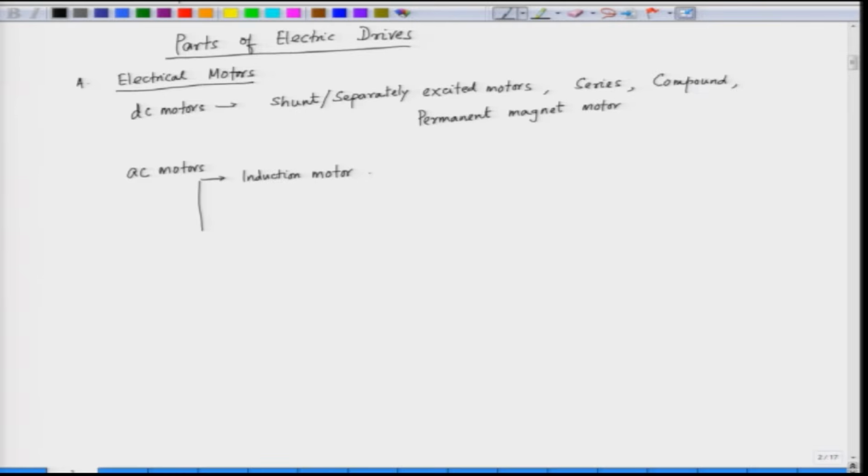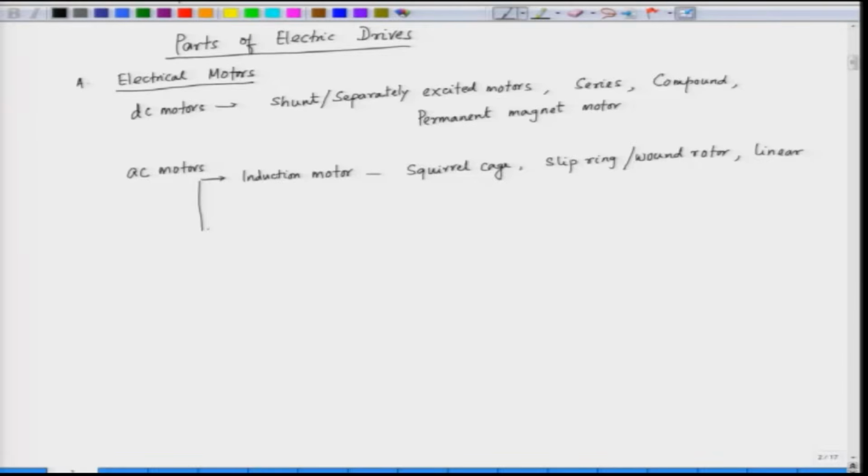We can have squirrel cage induction motor, we can have slip ring or wound rotor induction motor, or we can have linear induction motor as well. So, these are the classifications of induction motors, which are very widely used in industry.